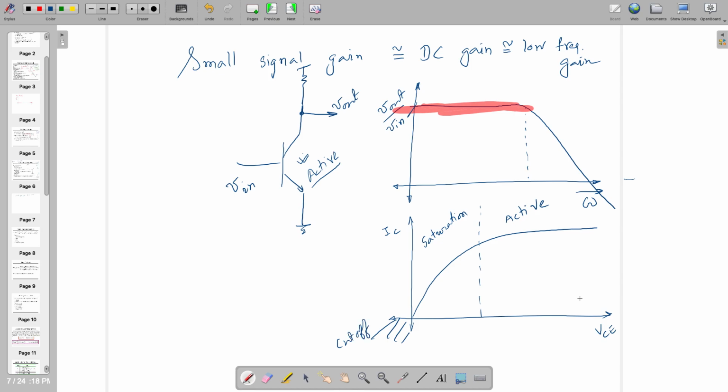So after fixing my transistor in active, let's assume that I fix my transistor for a given VCE, let's say some 2 volt. For 2 volt of DC, I am running frequency analysis. So I am going to change the frequency of the input.